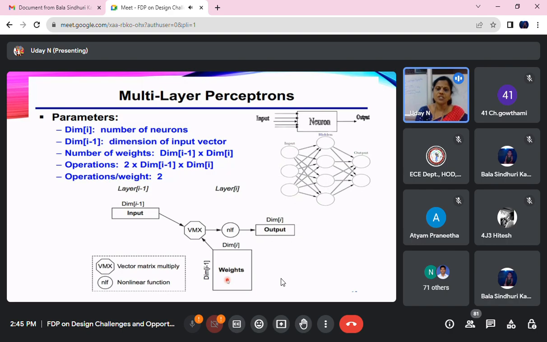To store the weights, you need a two-dimensional array, you need a vector matrix multiply unit, and you require a non-linear functioning unit. So this block diagram is now visualized as a digital system consisting of these subsystems. This is how we visualize the VLSI architecture for a simple multi-layer perceptron.